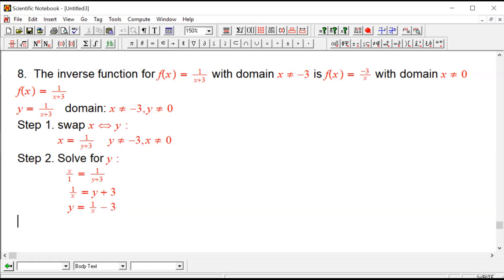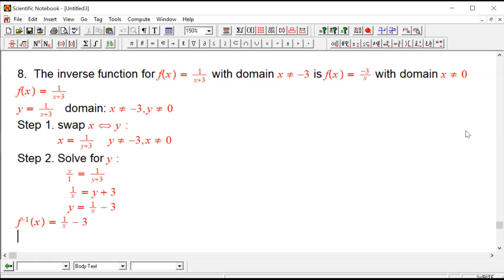That's our inverse function. Is it the same as this guy? Of course not. So that's a false statement. f inverse is going to be equal to 1 over x minus 3.